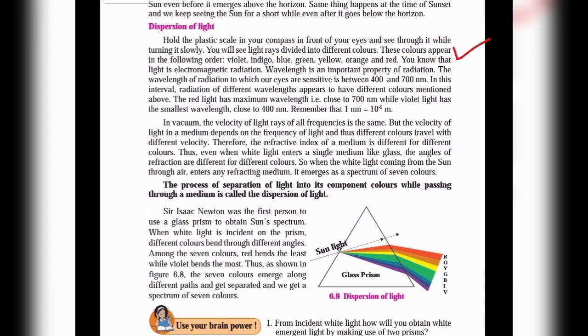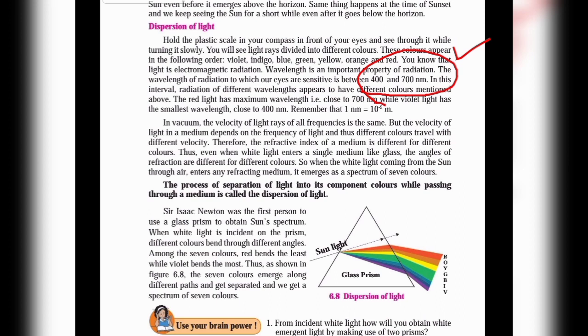You know that light is electromagnetic radiation. Wavelength is an important property of radiation. The wavelength of radiation to which our eyes are sensitive is between 400 and 700 nanometer.